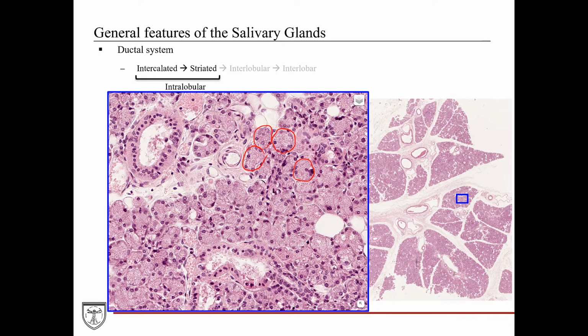So these secretory cells are for the most part pyramidal in shape, and they have a lot of these secretory granules in their cytoplasm, and their cytoplasm tends to be fairly large, which accounts for how far the nuclei are positioned away from each other.